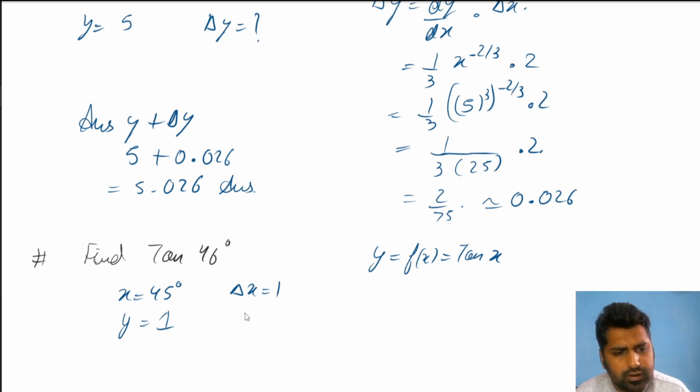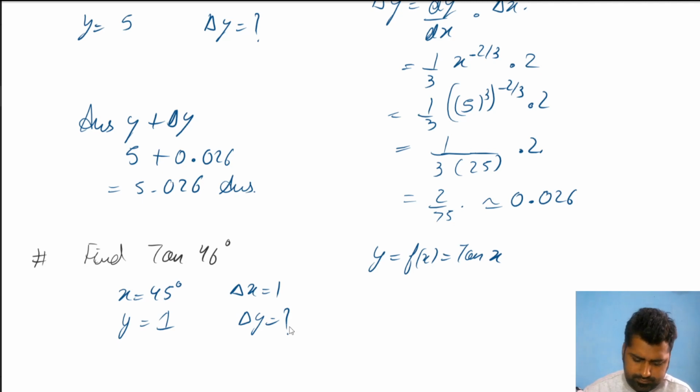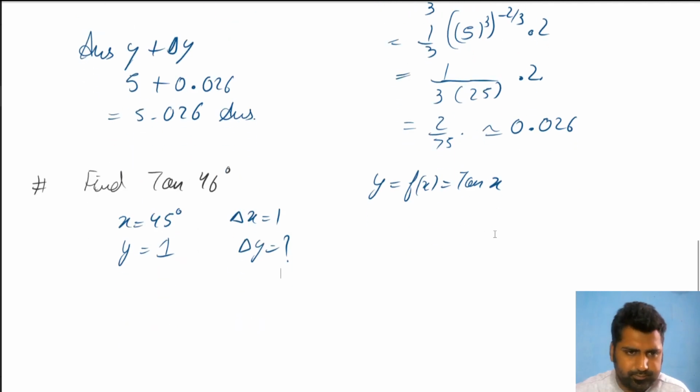What is your delta y? That you have to calculate. One problem that comes while using this is, remember this is 1 degree. While solving any question, remember to use radians, because radians is the SI unit. So convert this into pi by 4, and 1 degree is pi by 180.